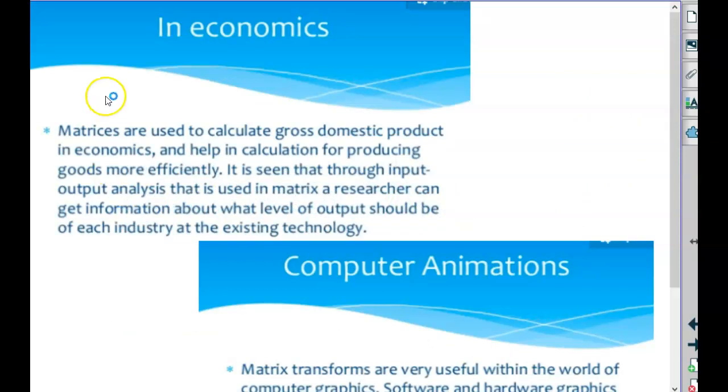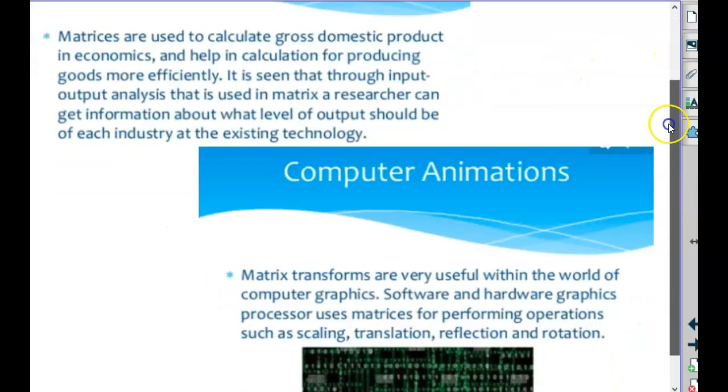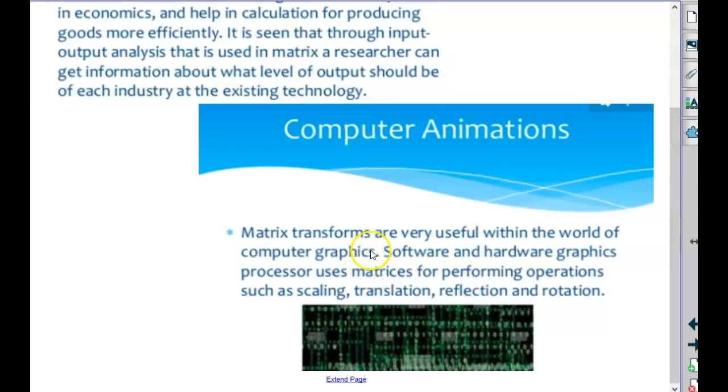In economics, they're used to calculate things. It's things that have a lot of variables, okay? So multiple variables, like we don't know this, this, or this. So in computer animation, matrices are useful because we're moving things in multiple directions in multiple parts of an animation.